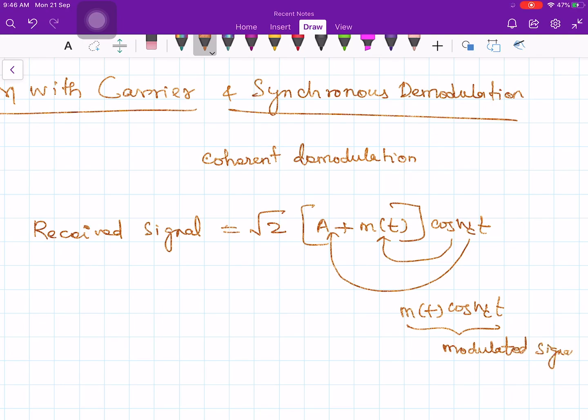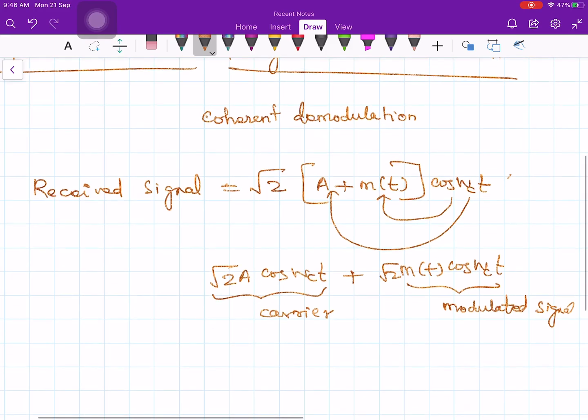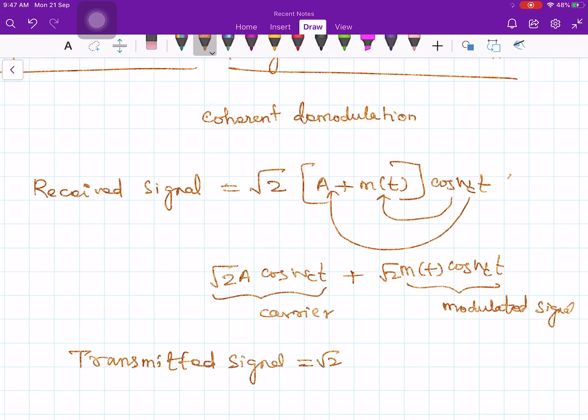Let's say you put √2 here, plus √2 A times cos omega c t, and this is what? Carrier. So this is the transmitted signal. Transmitted signal is also the same, √2 times (A plus m of t) cos omega c t.